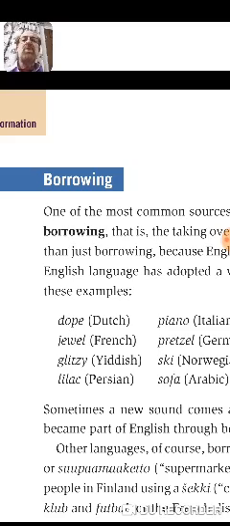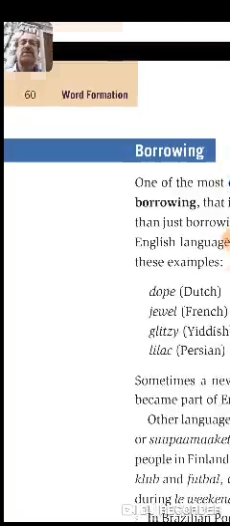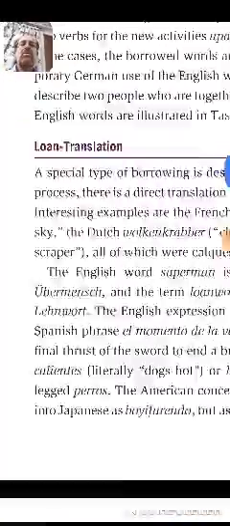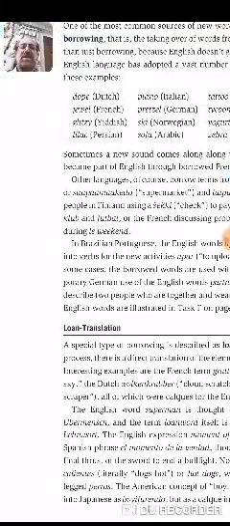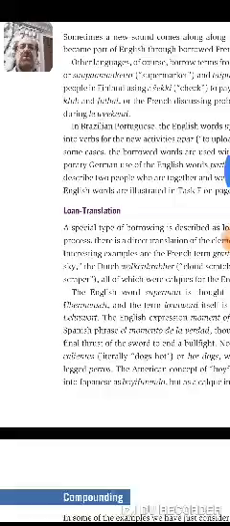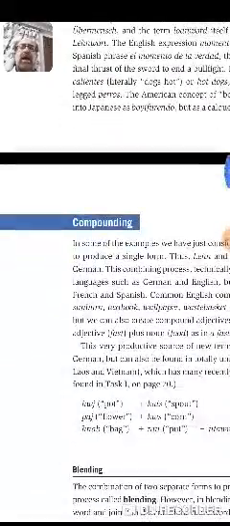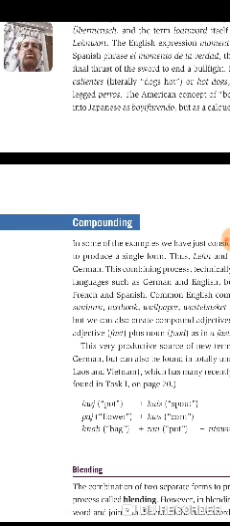One way is borrowing from other languages, as you can see on page 60. A special kind of borrowing is loan translation. Another kind is when we put two words together, two nouns for example, to make a bigger word like whiteboard.